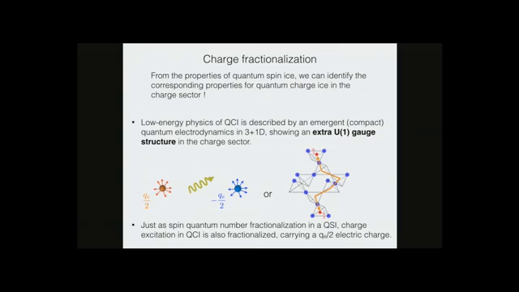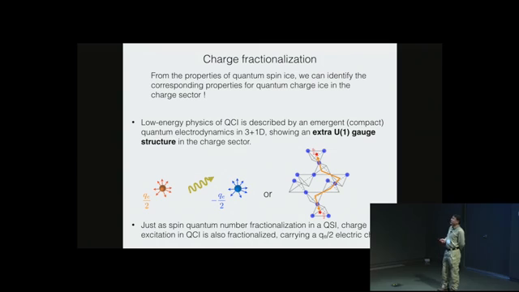From the properties of quantum spin ice, we can identify the corresponding properties for quantum charge ice in the charge sector. The low energy physics of the quantum charge ice is identical to quantum spin ice, so it's described by an emergent compact quantum electrodynamics in 3+1 dimensions.